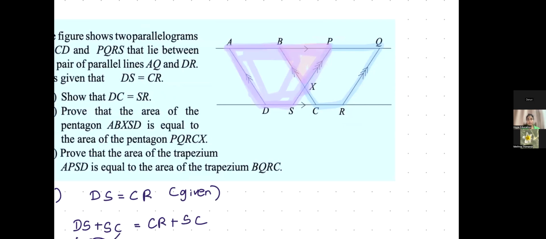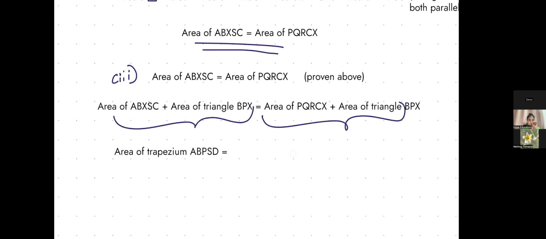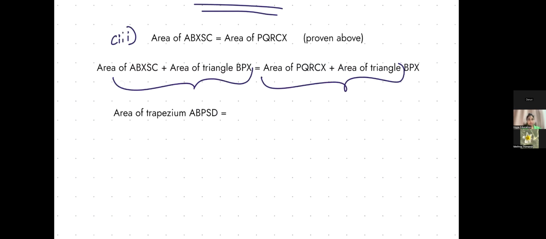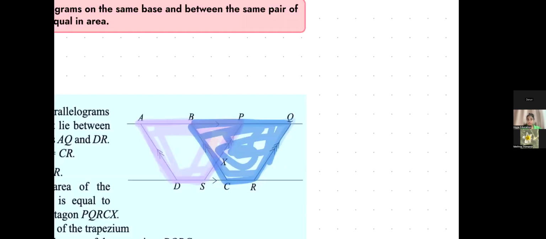We get BPQRC. Sorry, BQRC, trapezium. So we get area of trapezium ABSD and area of trapezium BQRC.